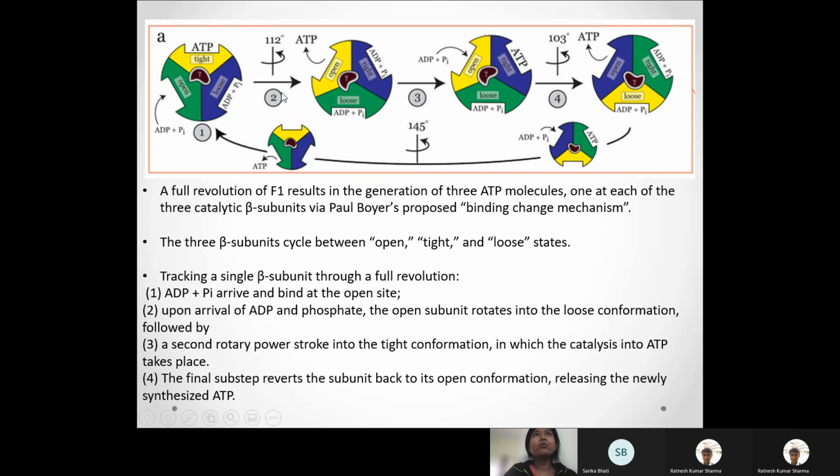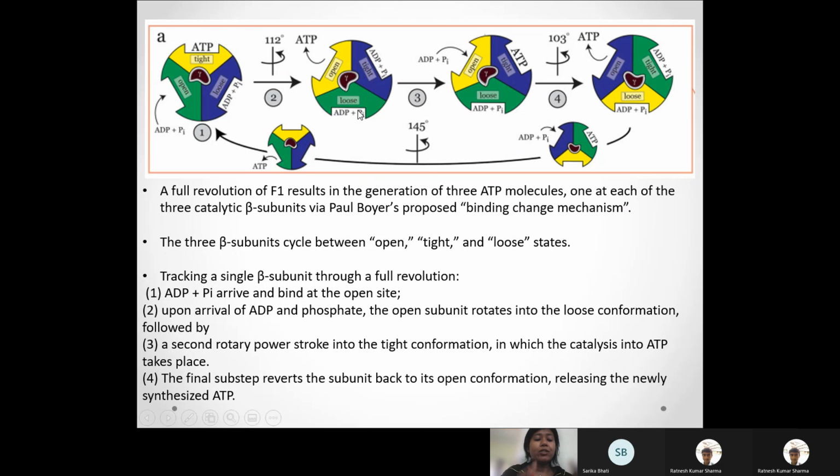And he tried to suggest that there are open conformations of the active site, which is actually catalyzing the formation of the phosphate bonds, or it could be a tight conformation, a loose conformation. So he suggested three such conformations: open, tight, and loose.